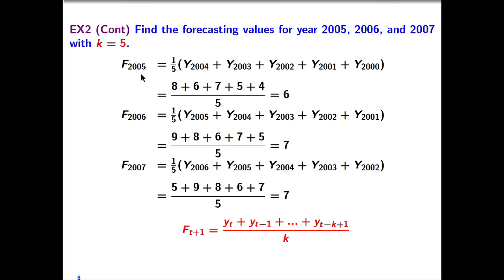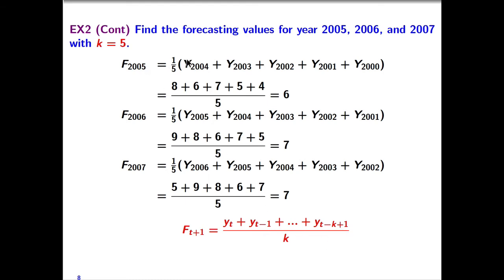So your current value will be 2004. So using this equation 17.1, you have yt plus yt minus 1 all the way down to y of t minus k plus 1, over k.